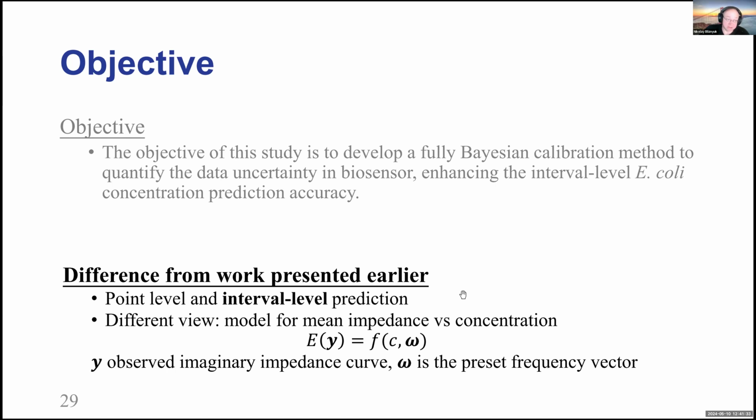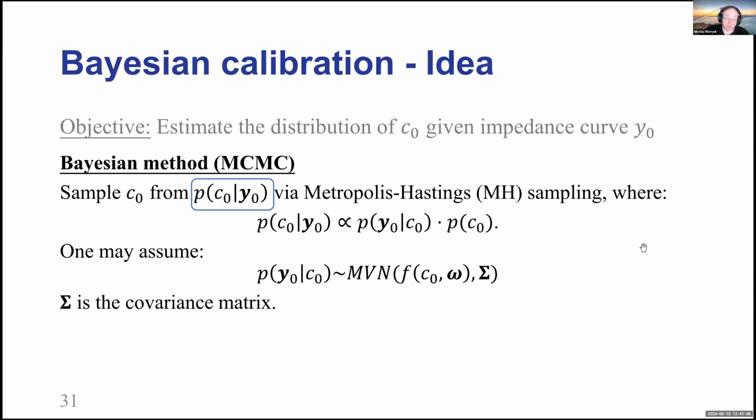So what we want is to build this so-called Bayesian calibration model so that we could quantify uncertainty about the concentration. So how does this work? How could this be done in a naive fashion?